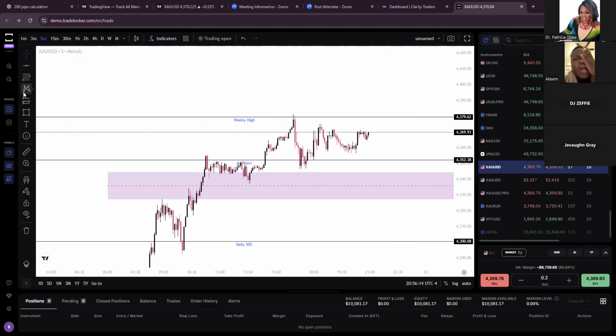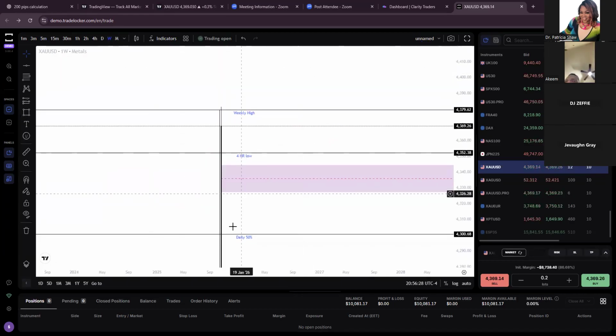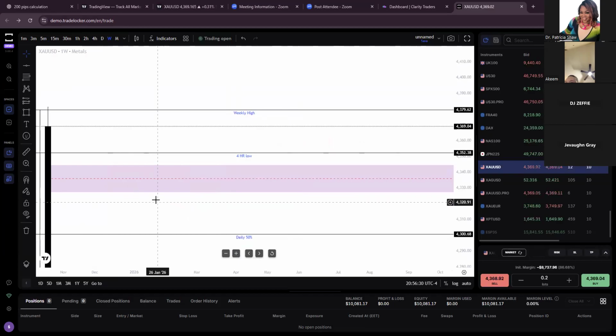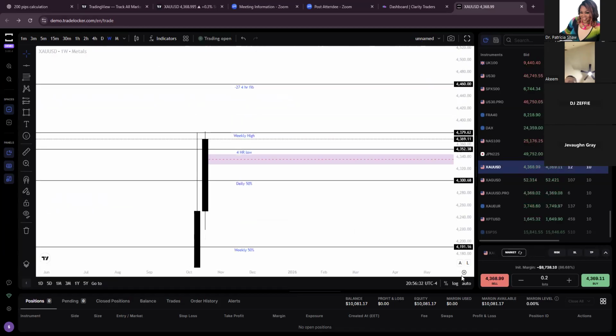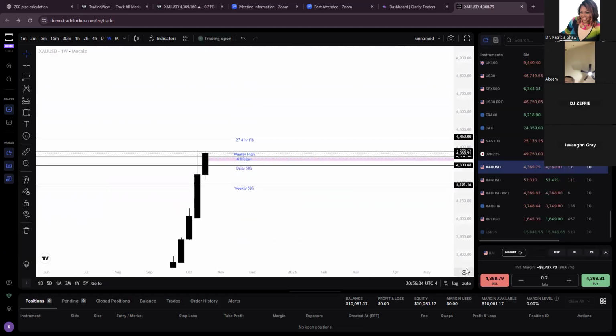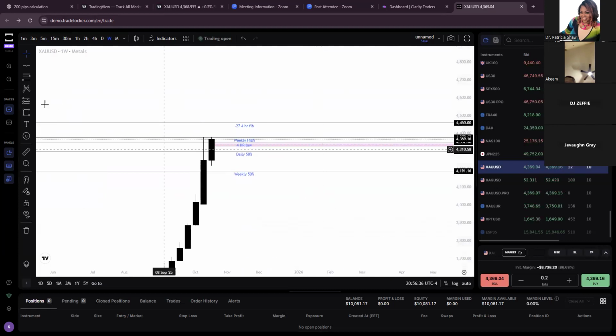You say you mark off the weekly, like off that candle? Yes, 50% of the weekly candle, and we use our rectangle tool. Okay, cool. And then you draw it from the high to the low of that last week's candle. Okay.